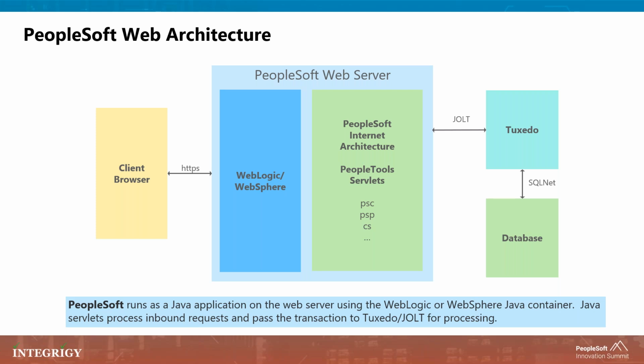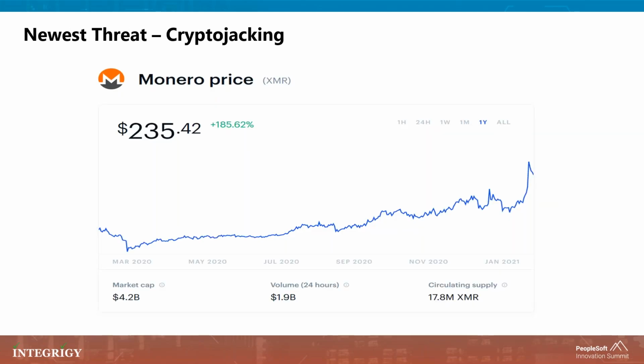What are the top risks in a PeopleSoft environment? So there's a number of threats. I'm not going to spend 10 slides here talking about all the threats to your PeopleSoft environment, who's trying to hack in there. I will focus on one though, one that we're seeing a major uptick in, especially because of WebLogic. Everyone's probably heard of Bitcoin as a cryptocurrency. Well, there's hundreds of other cryptocurrencies.